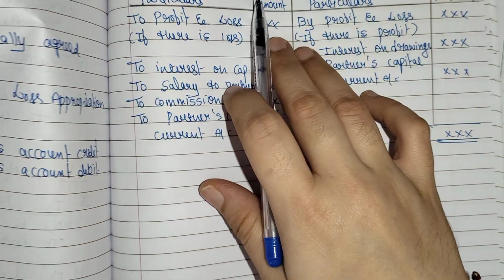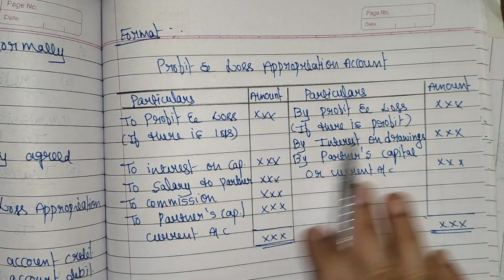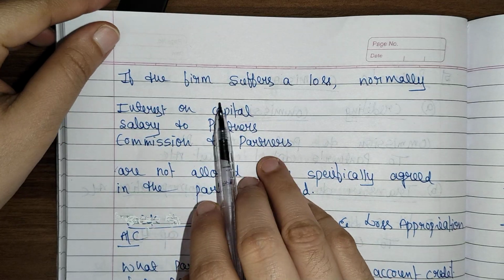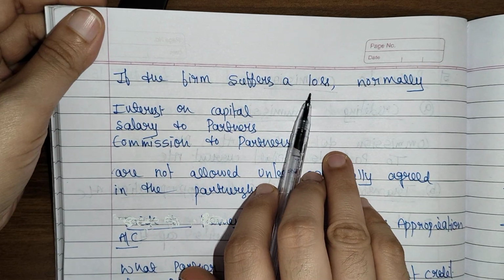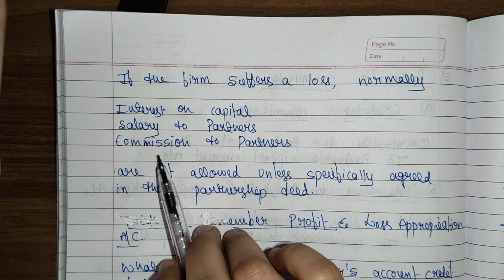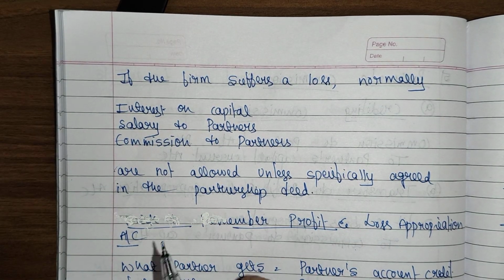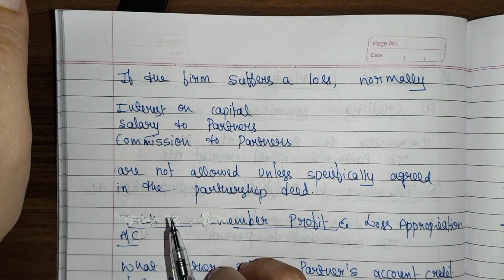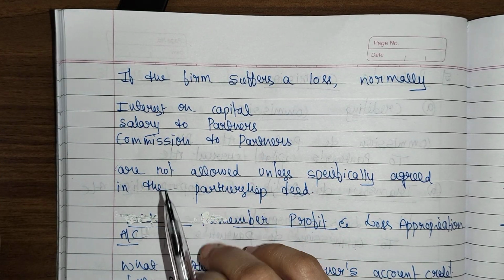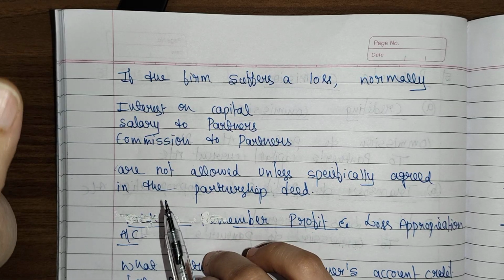So this is the format of the Profit and Loss Appropriation Account. See, this is one important point. If the firm suffers loss, normally interest on capital, salary to partners and commission to partners are not allowed. Clear?